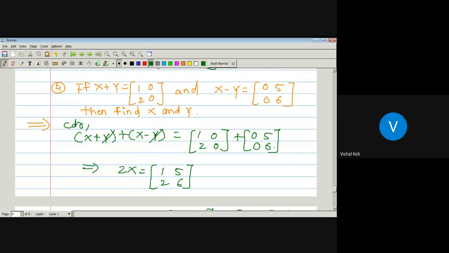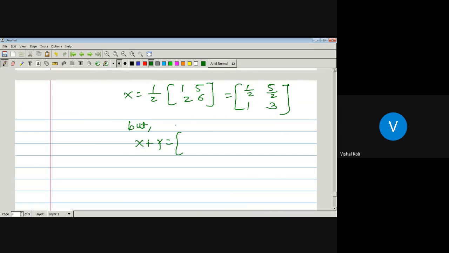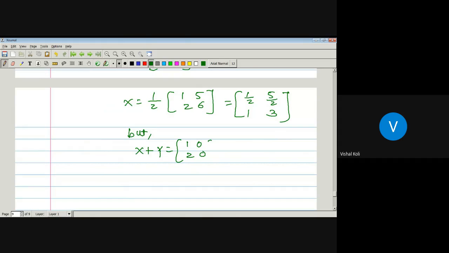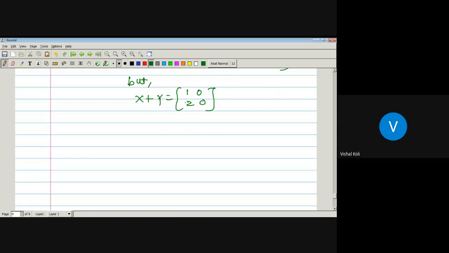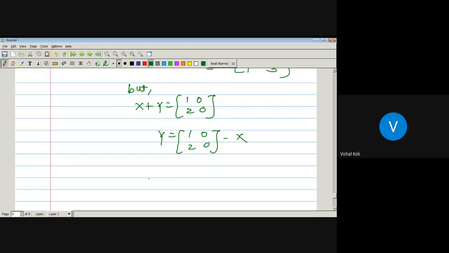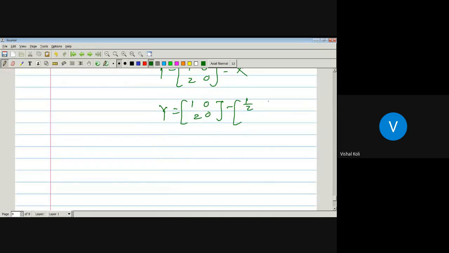Now, X plus Y is equal to the given matrix [1 0; 2 0], but matrix X is nothing but this one, so Y is equal to this matrix minus our X. So Y equals [1 0; 2 0] minus matrix X, which is [1/2 5/2; 1 3].